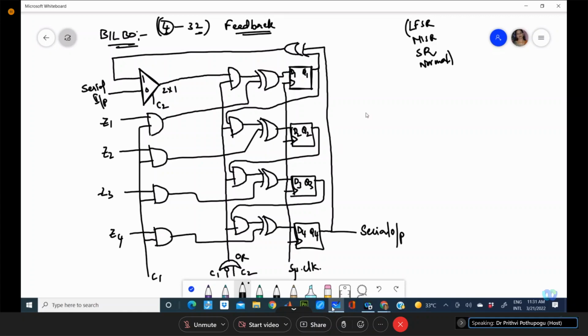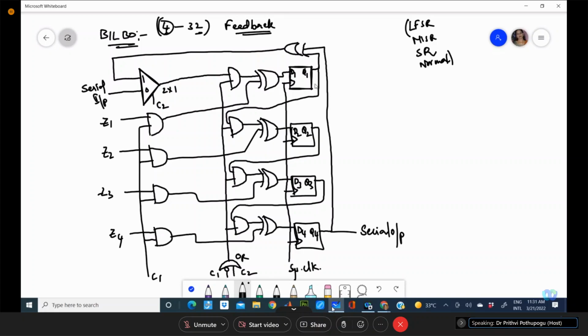Maybe if you take the equations of this total circuit, this is a 4-bit register BILBO. Now we can write the equations. See, if you check the equations of D1, D2, D3, D4, D1 alone will have the feedback parameter. D2, D3, D4 are similar.